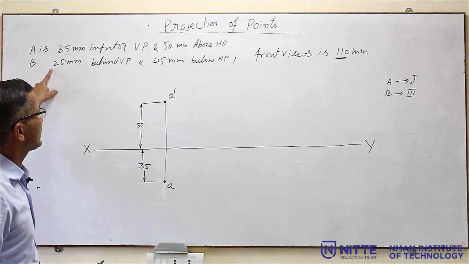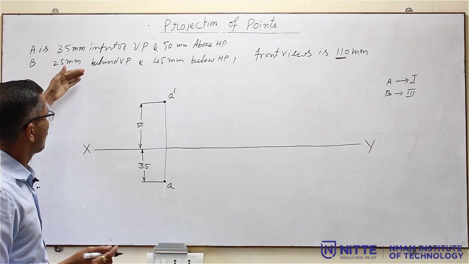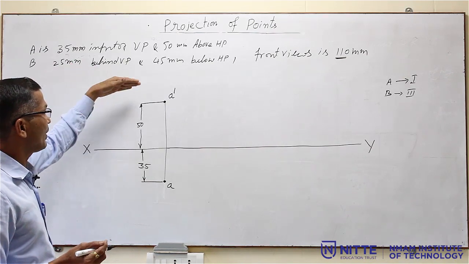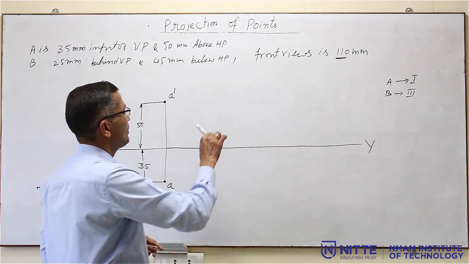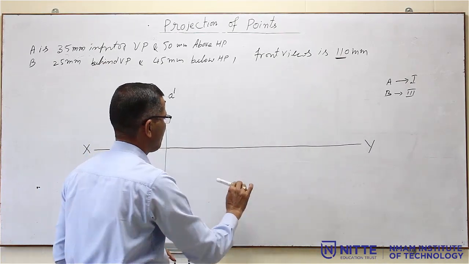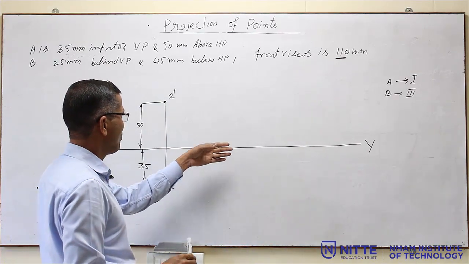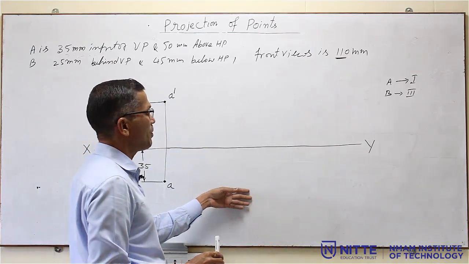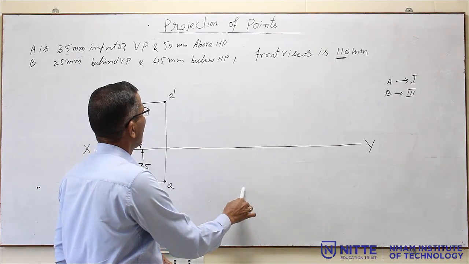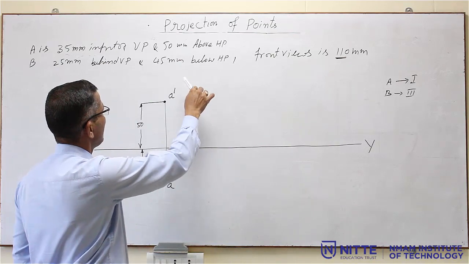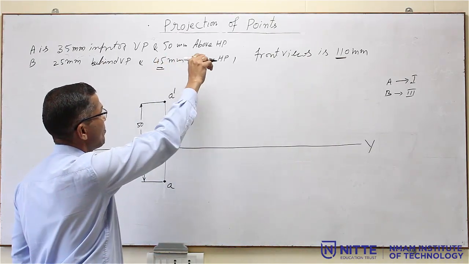Then you have to solve the second point, point B. Point B is 25 mm behind VP and 45 below HP. That means third quadrant. Third quadrant means this is HP, this is VP. Where the front view, B dash, will come? B dash will always come in VP. VP is below, B dash has to be here. What is the distance? 45 mm below HP.